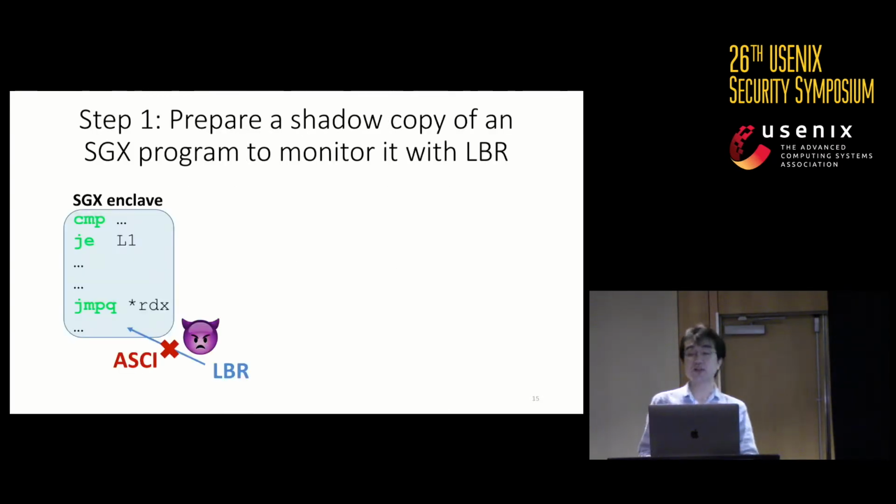The branch shadowing attack consists of two steps. The first step is preparing a shadow copy of a target SGX program to indirectly monitor its execution with LBR. We have a target SGX enclave program consisting of conditional and indirect branch instructions. Because it runs inside SGX, an attacker cannot use LBR to monitor its behavior.